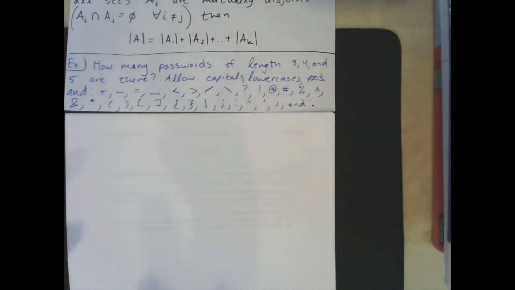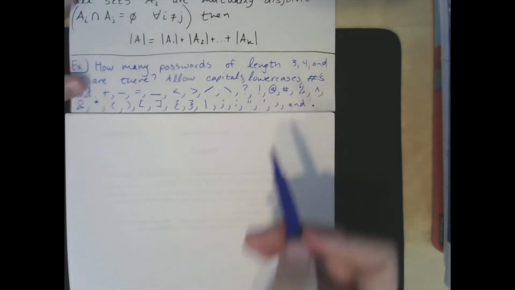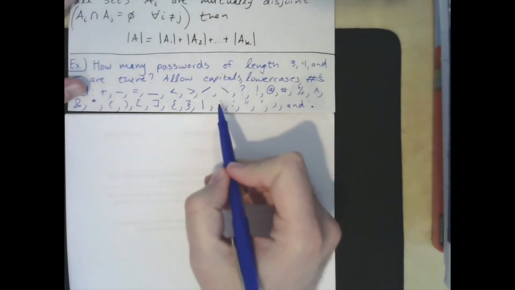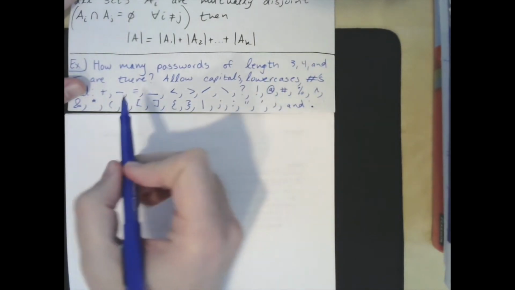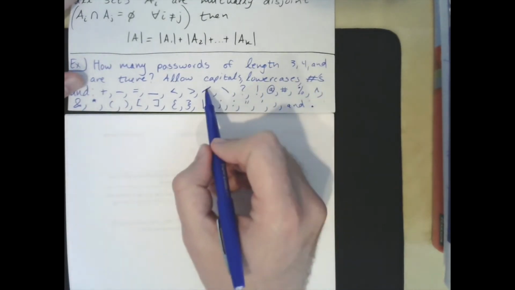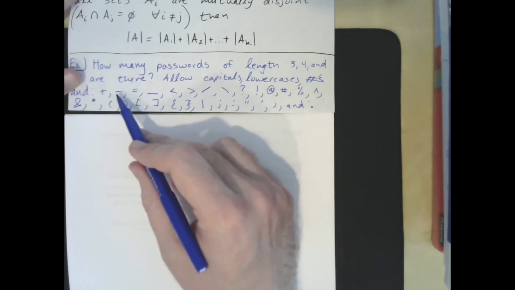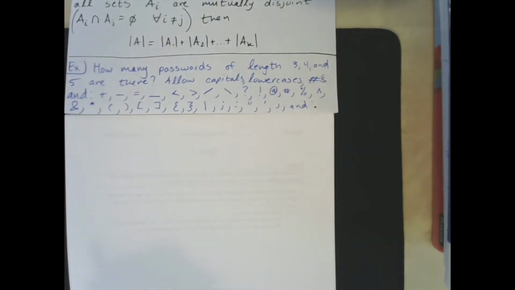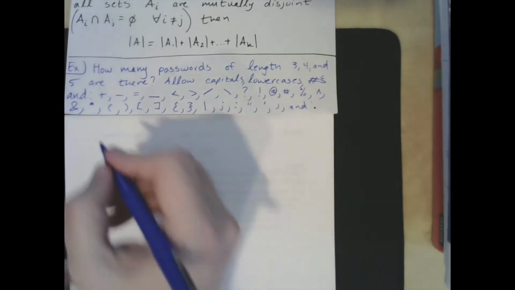The first thing you want to do is count up how many symbols we have. So we have 1, 2, 3, up to 29 symbols. If I counted those right? Yep, 29. So we have 29 special characters.